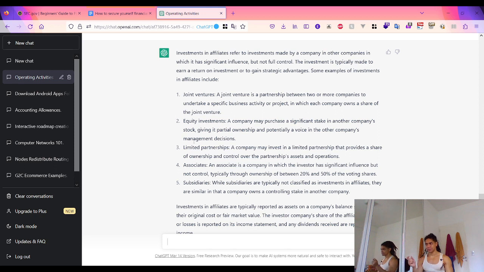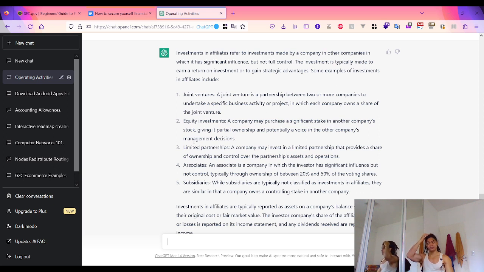The investment is typically made to earn a return on investment or to gain a strategic advantage in the market.